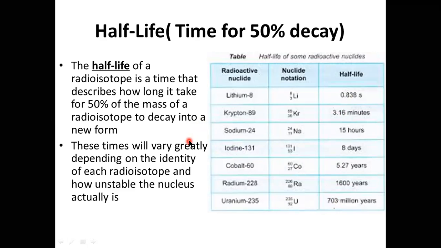Every radioisotope, which they're calling a radioactive nuclide here, meaning nucleus, has a radioactive nucleus, so what does it do? Decays. This is really just a table. We're not memorizing this. It just gives us some idea that the times vary greatly depending on which radioisotope we're talking about.